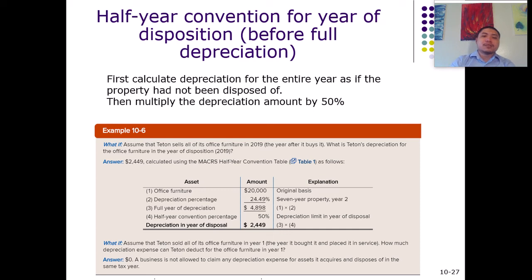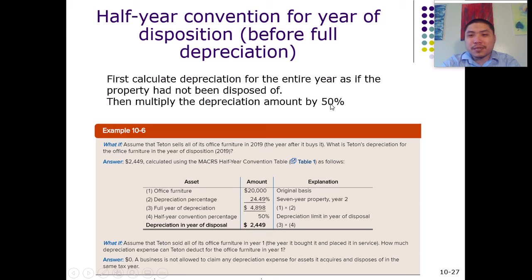To calculate the depreciation expense for the year of disposition, we follow 2 steps. First, we calculate the depreciation expense for the entire year, as if the property had not been disposed of at all. And then after that, we take half of that, so we multiply that amount by 50%.